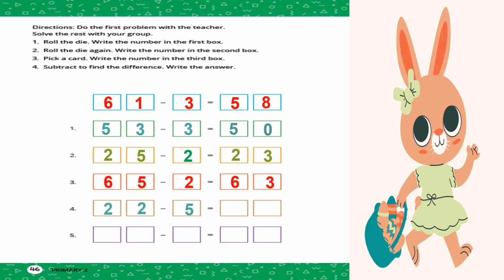We will go backward 5 steps. What is before 22? 21, 20, 19, 18, 17. Number 5. 36 minus 2. We will go backward 2 steps. What is before 36? 35, 34.